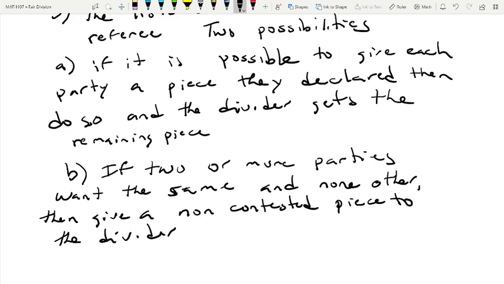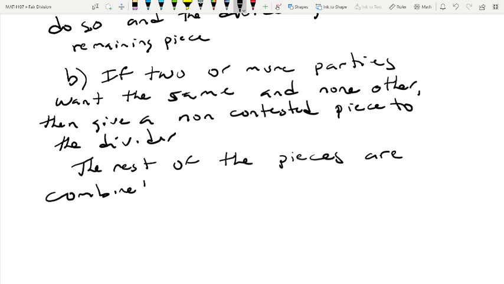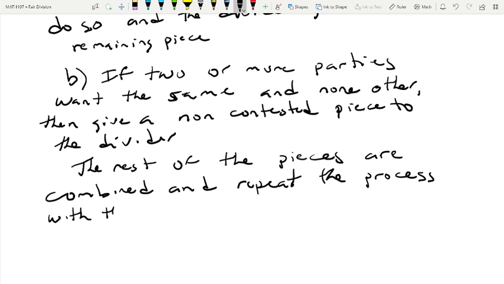The rest of the pieces are combined and you repeat the process with the remaining parties. So you start over again and do it again. Let's do an example of this method.